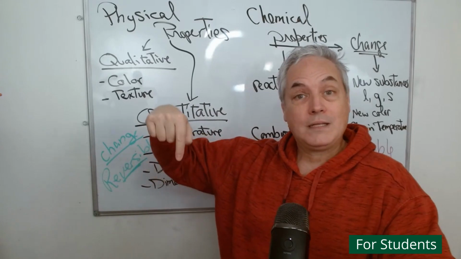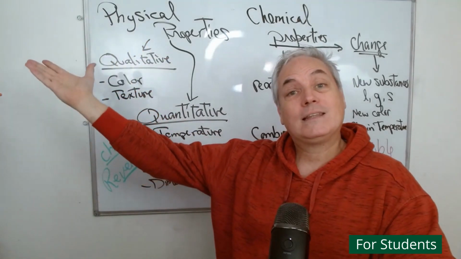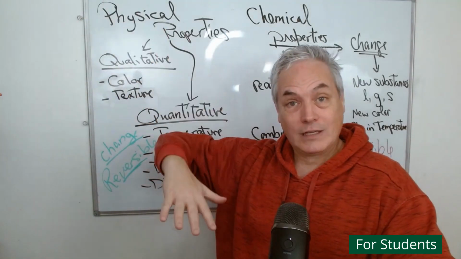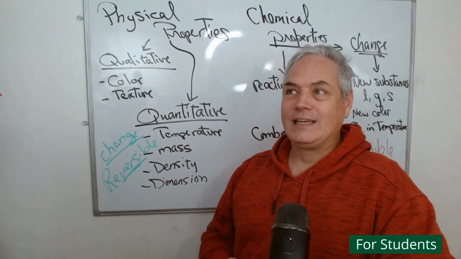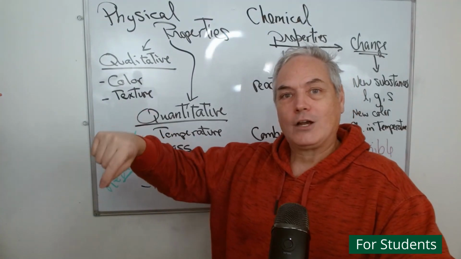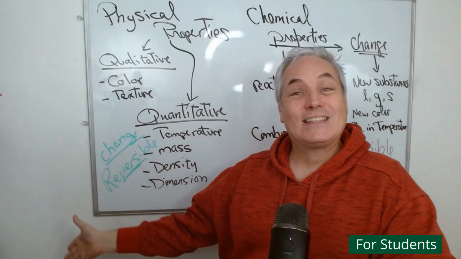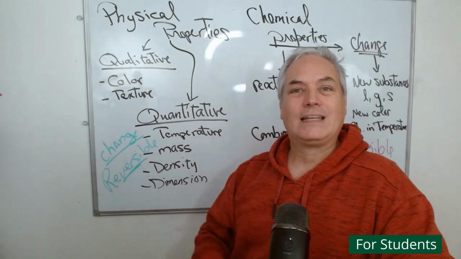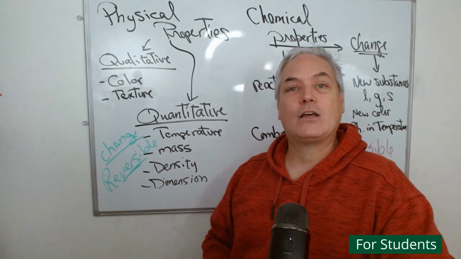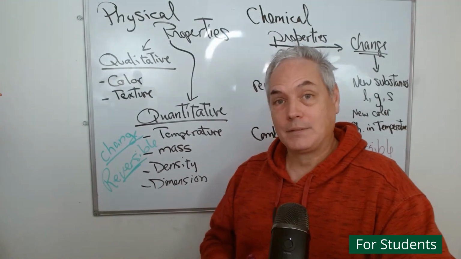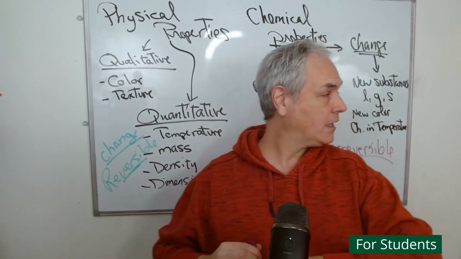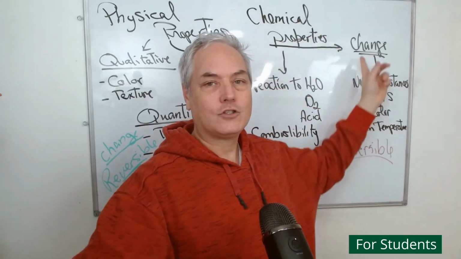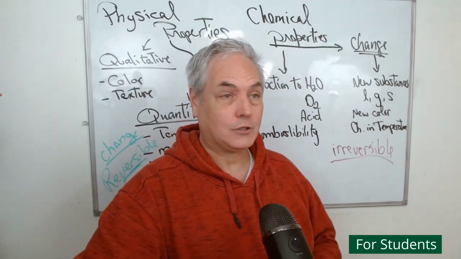Water can be boiled to get vapor, but you can take the vapor and condense it to get water and back to ice. The type of matter is still water. The state may be different, but it does not change its chemical composition. That's why when you have physical changes, they are reversible, and when you have chemical changes, they are irreversible.